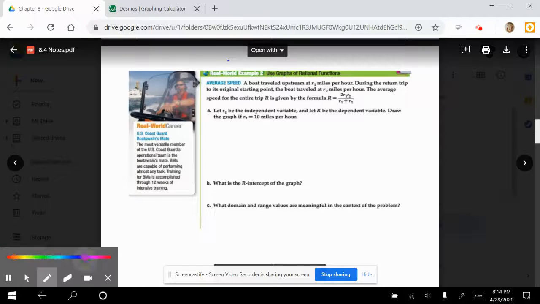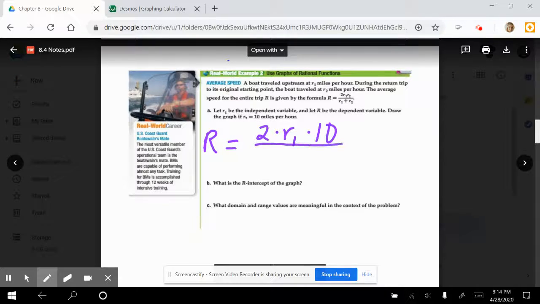So really what they're saying is, what is this graph, big R, going to be if r2 is 10? So we would say 2 times r1 times 10 all over r1 plus 10, right? And so we could make this a little easier. It's 20r over r plus 10.